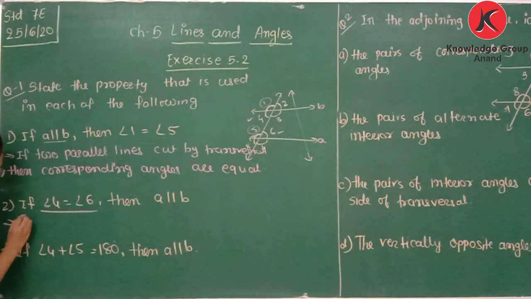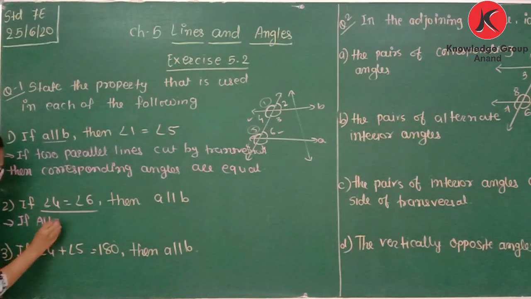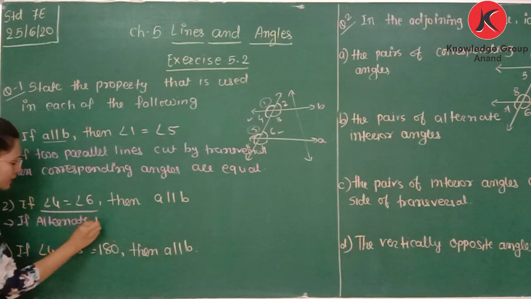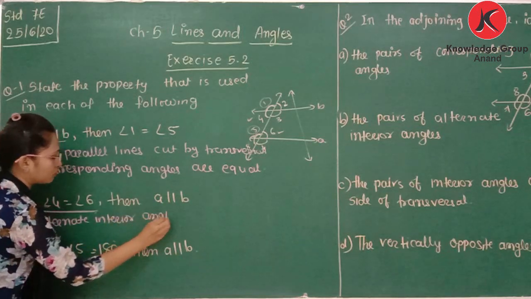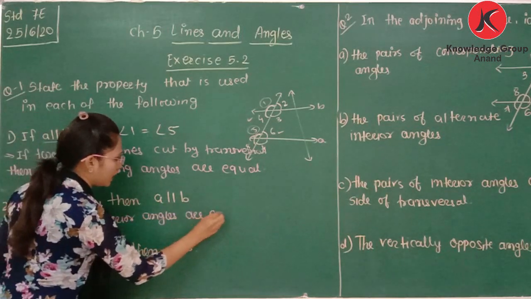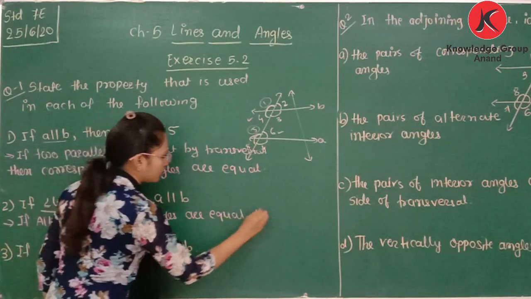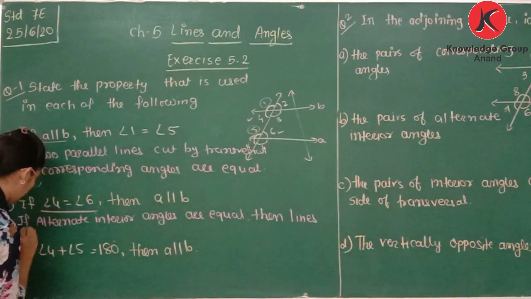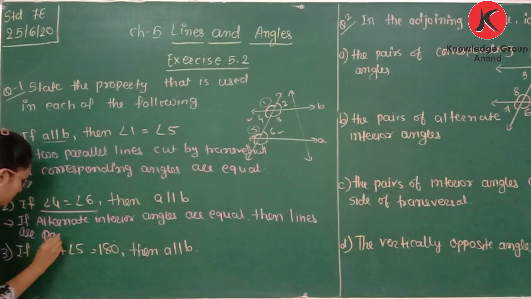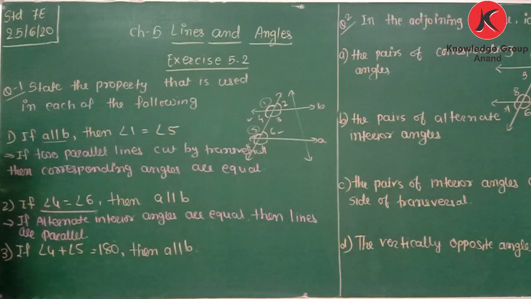So we can write: if alternate interior angles are equal, then lines are parallel. Clear?